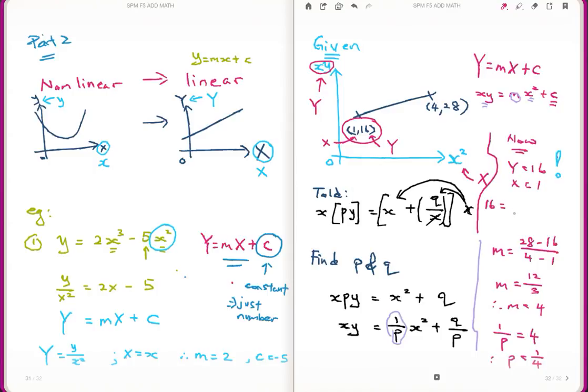Gradient is 4, X is 1, plus c. So therefore my c would be 12. And this is equals to q over a quarter. So therefore my q is equals to 3.